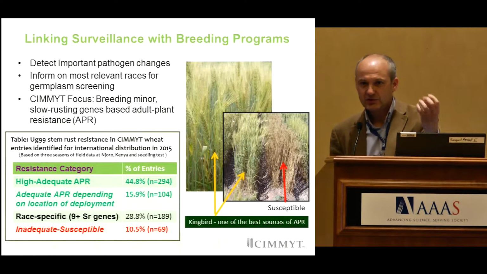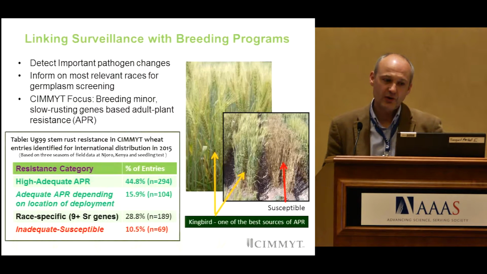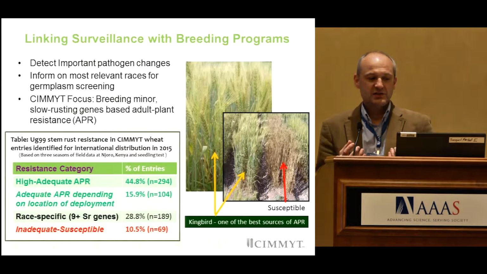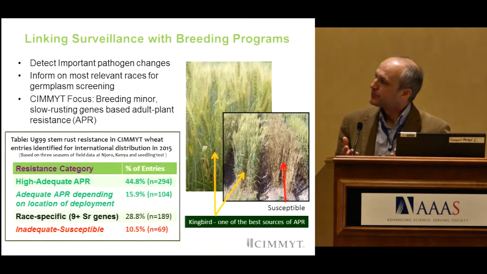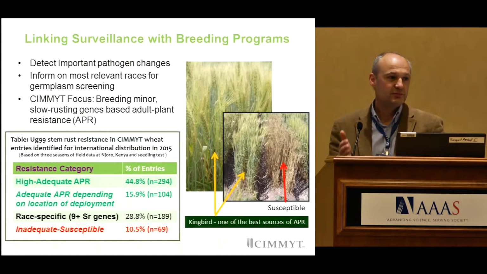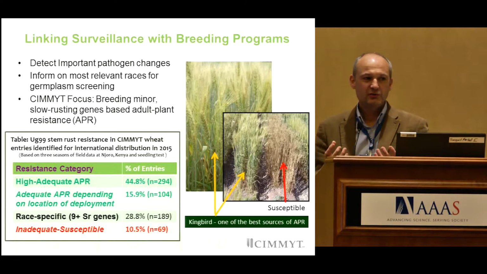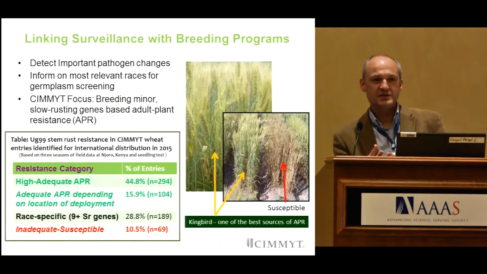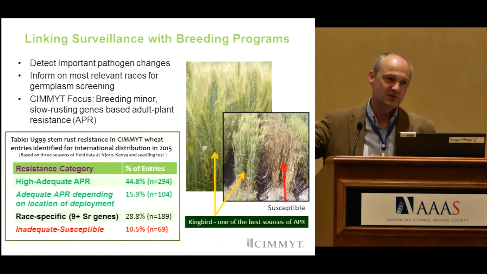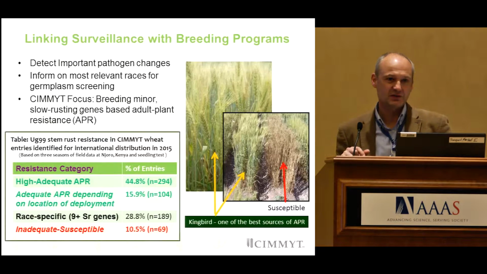And then the huge success of the breeding program in terms of taking a strategy to develop resistance that's based on multiple minor genes. The issue with rust is if you have a variety with a single major gene, it's very easy for the pathogen to mutate and overcome that resistance.